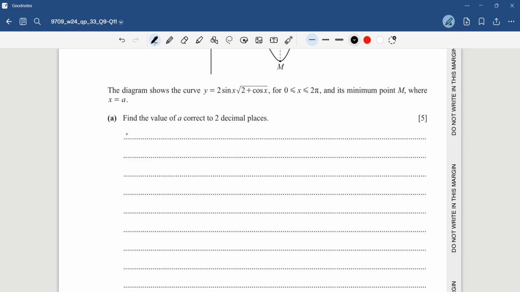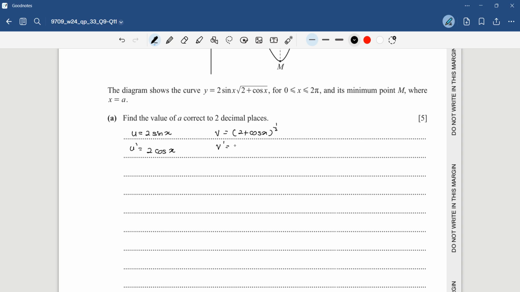So we need to differentiate. Let u equal to 2 sin x, so my u prime will be 2 cos x, and my v equal to (2 plus cos x) to the power of half.